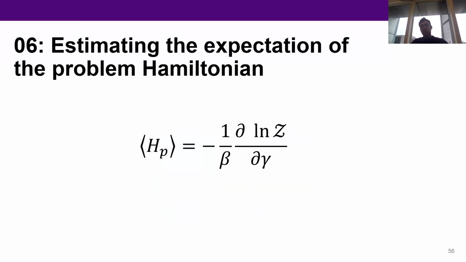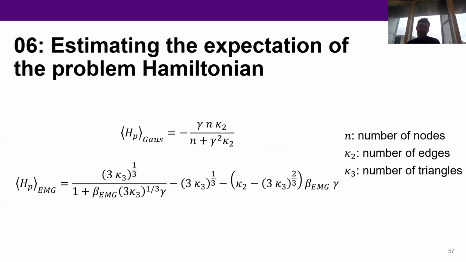Okay, so we have the temperature, which is useful, but we'd like to go a bit further and try and find the expectation value of the problem Hamiltonian, which we can do with this equation here. And again, we can do this all analytically, and it's pretty straightforward.